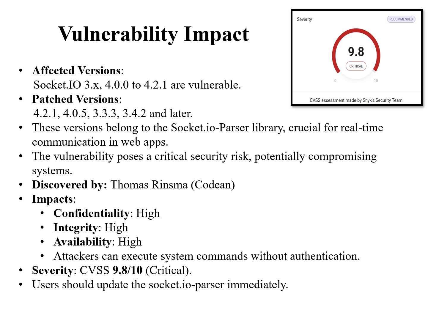This vulnerability was discovered by Thomas Rinsma. Coming to the impacts, it has high confidentiality, high integrity, and high availability impact. We can see the CVSS score of 9.8, which is very critical, from the CVSS assessment by the security team.